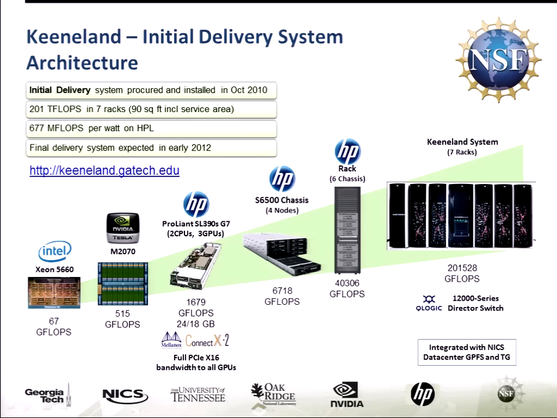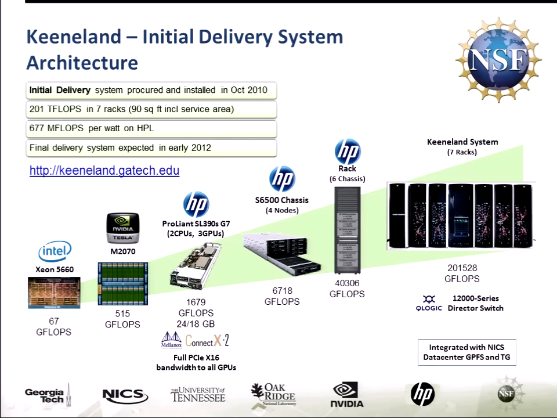So one of the systems, and this is a system that we've installed at Georgia Tech for NSF, just to give you an idea, it looks very much like a standard Linux cluster. In fact, you could use it just as a standard Linux cluster. However, it has 360 Fermi graphics processors in it. And those graphics processors give you a huge capability to do applications, because you go from just having 67 gigaflops in your Xeon to having 515 gigaflops in your M2070.